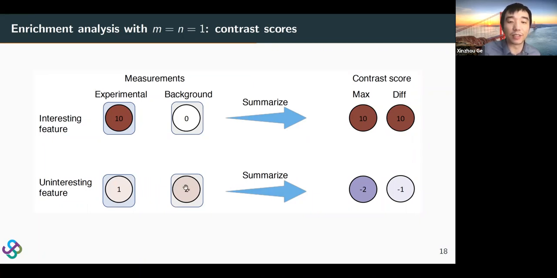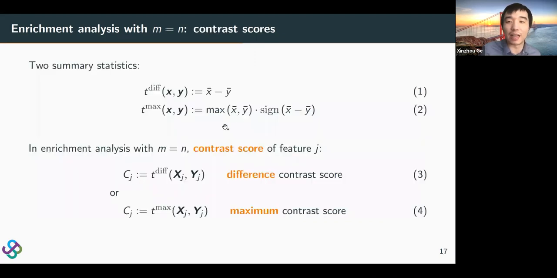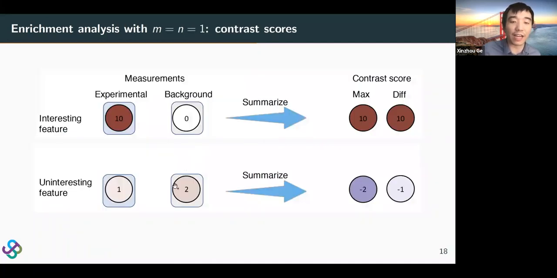As the background condition is greater than the experimental condition, X bar minus Y bar is smaller than 0, so the sign becomes negative 1. So this will be negative 1 times 2, which is negative 2 for the uninteresting feature.